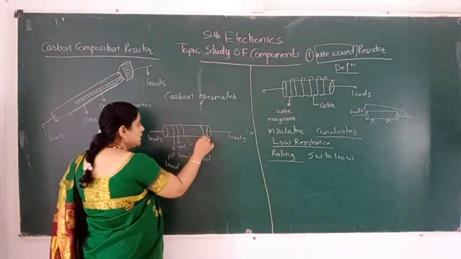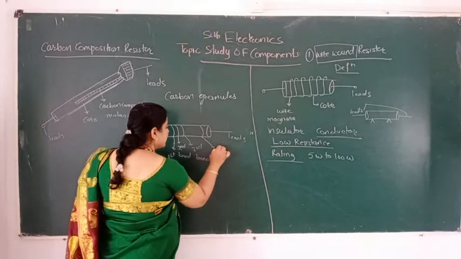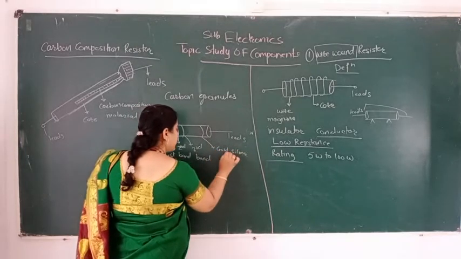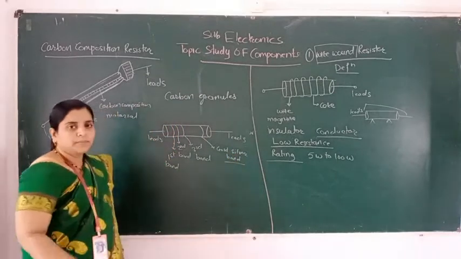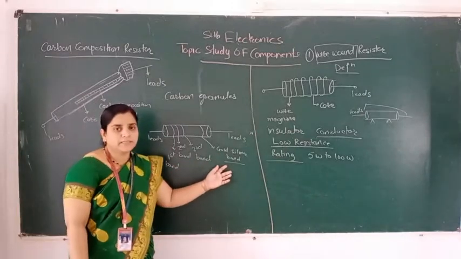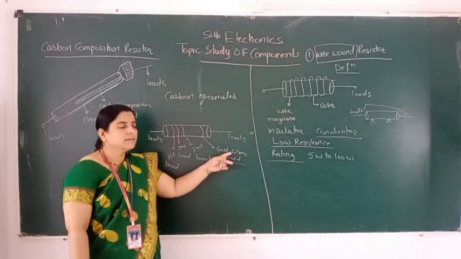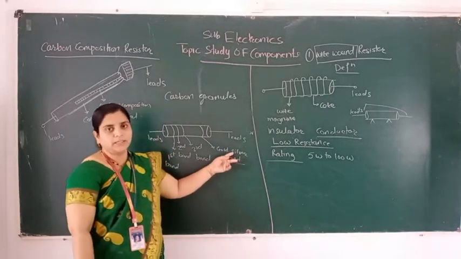So lastly there is a gold or silver band which indicates your plus minus weightage. Plus 5%, minus 5%, plus 10%, minus 10%. If a silver band is there, then it is the plus minus 10% tolerance.